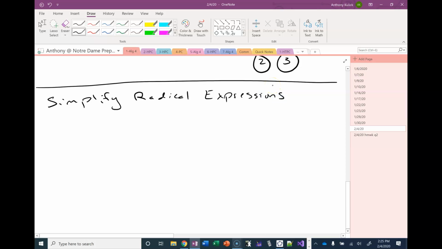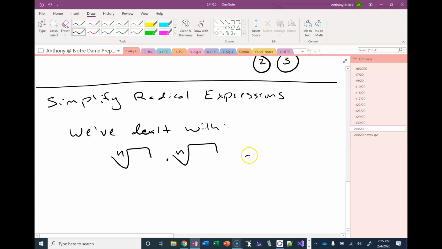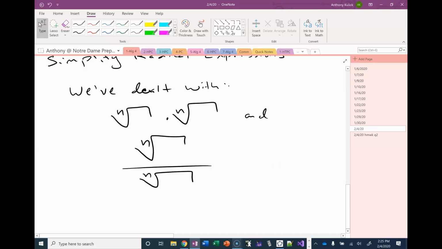And we've dealt with how we multiply and divide radicals, right? What operations do we still need to talk about, though? Addition and subtraction, right?